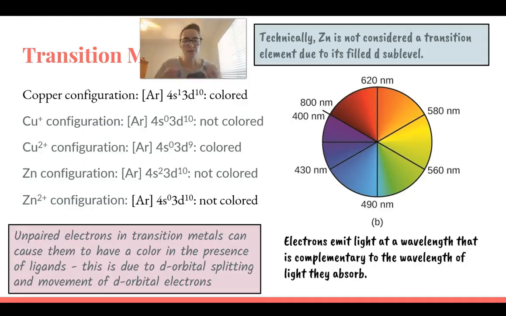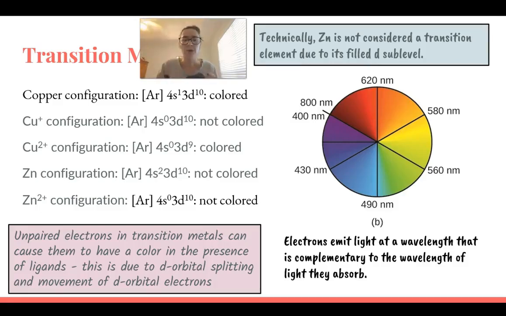So the fundamental difference here is that when we were talking about electron transitions, we were talking about electrons moving to a higher energy level, being unstable at that energy level, and then falling back down. In this case, we're talking about specific electrons in split d sublevels moving in order to become more stable. And so they're not moving back down. They're just moving up, and they're more stable, and they're staying there.